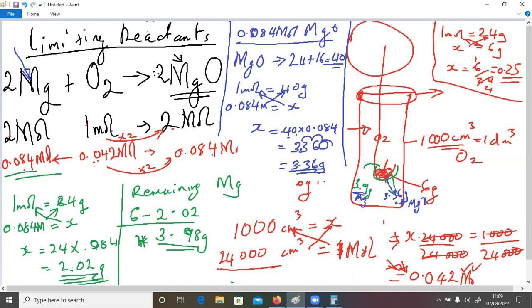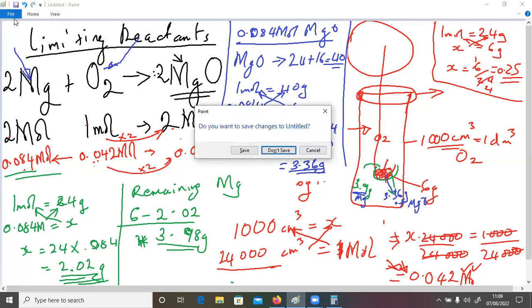The one which is used up, in this case our oxygen, is called the limiting reactant. And the amount of product, the amount of magnesium oxide we produce, is always determined by the quantity of the limiting reactant, not the excess reactant.